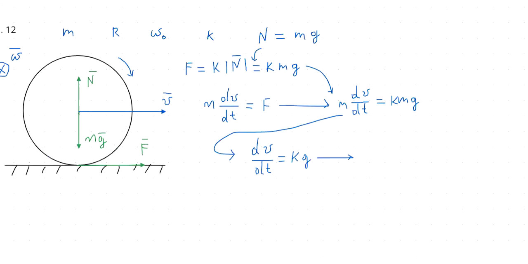Okay, so it means we have to multiply the left and right sides by the differential dt, and we will obtain dv is equal to kg dt.